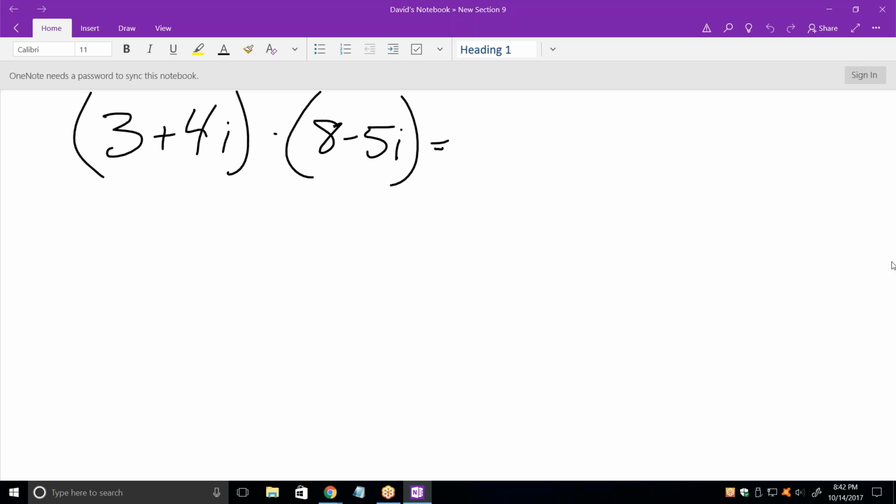If you're multiplying a binomial times a trinomial, then multiply every term by every term, which is the same as FOIL. FOIL is just every term by every term. So what's the first term? So we have 3 and 8. Multiply them.